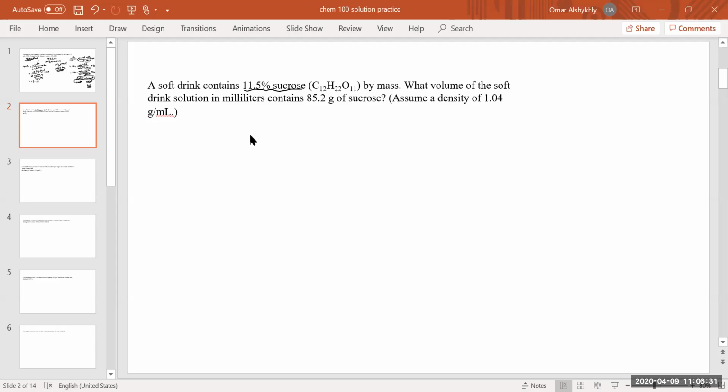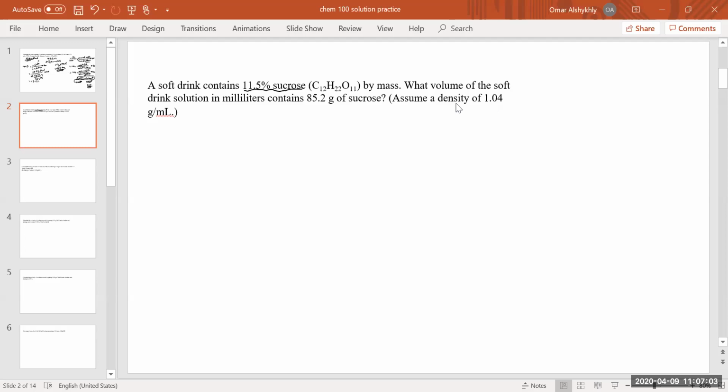What volume of the soft drink solution in milliliter contains 85.2 gram of sucrose? So here they need the volume of soft drink solution in milliliter containing this amount. Now assume the density of 1.04.